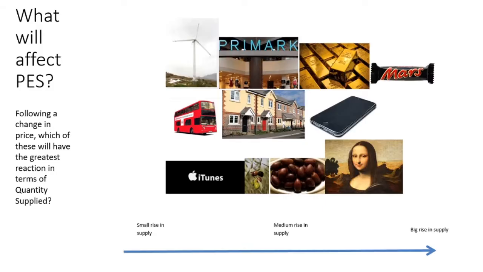Right, so as a quick exercise, you can pause the video and have a look at this image here. It shows several different products, and the question is, following a change in price, which of these will have the greatest reaction in terms of quantity supplied? So pause the video, take a few minutes to have a think about this, and then I'll review what I think the answers are.